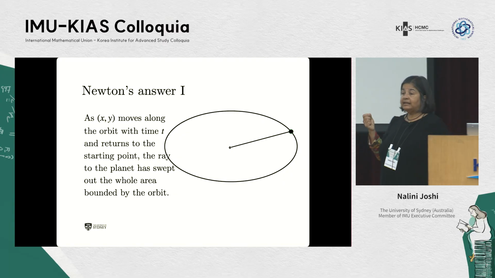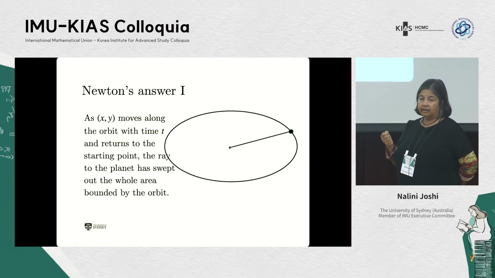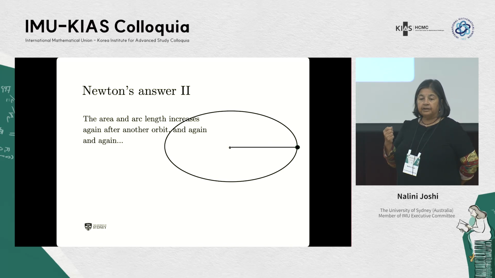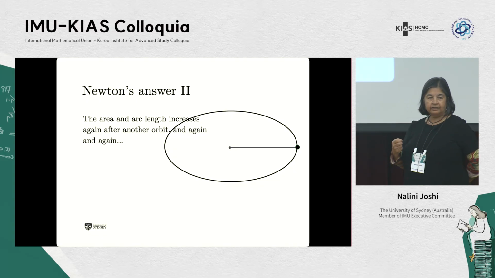So in fact, at each point on the ellipse, the value of the arc length and the value of the area swept out by it takes an infinite number of values. And what Newton tries to point out is that, therefore, it can't be the solution.